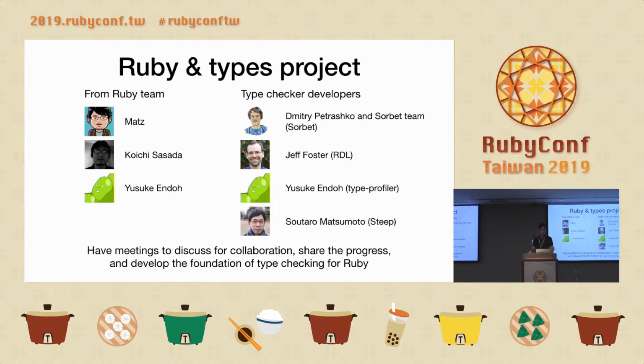Yusuke Endo develops a type checker called TypeProf, and I developed Steep. We have meetings almost monthly and discuss the progress, or whether we need some collaboration, to develop some of the foundation of type checking for Ruby.